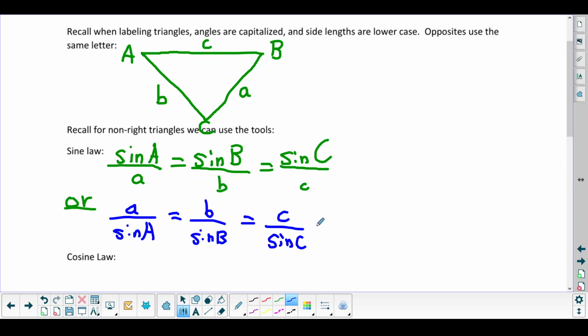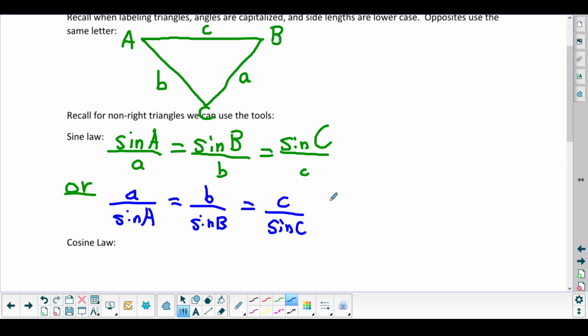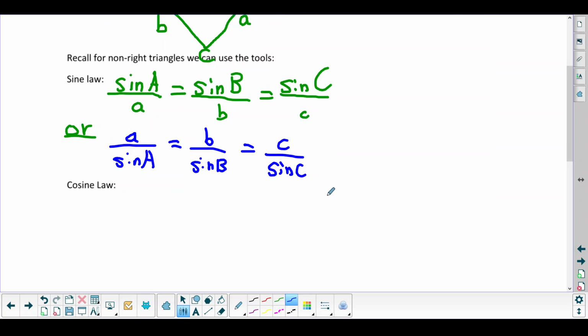So remember the angles, all these are capital letters. The angles are always in the equations. And in reference to a triangle, the side length and the angle are always opposite each other.